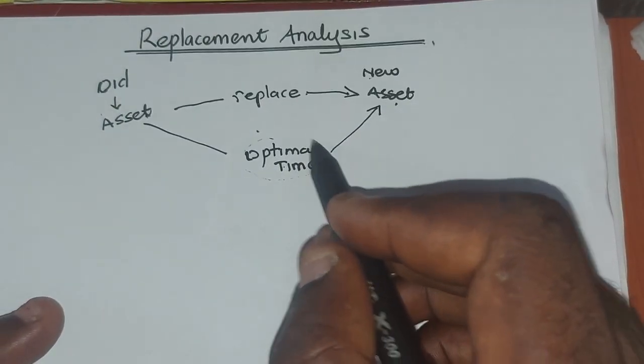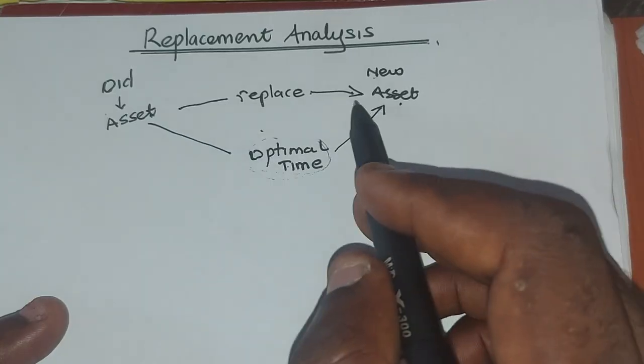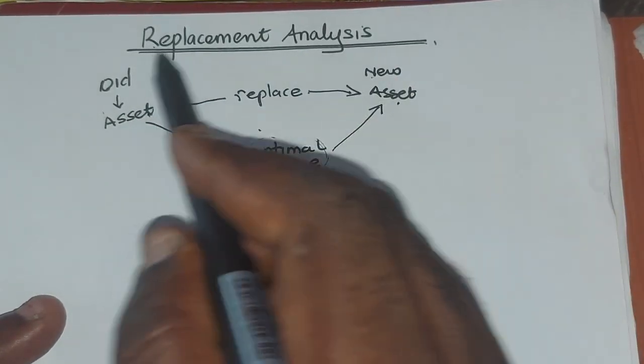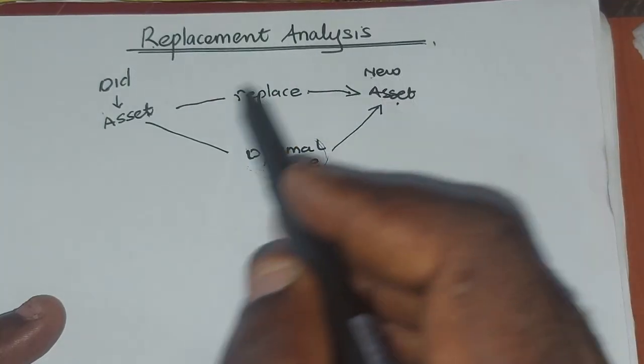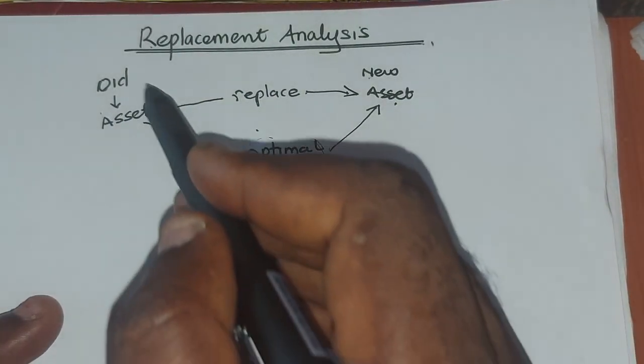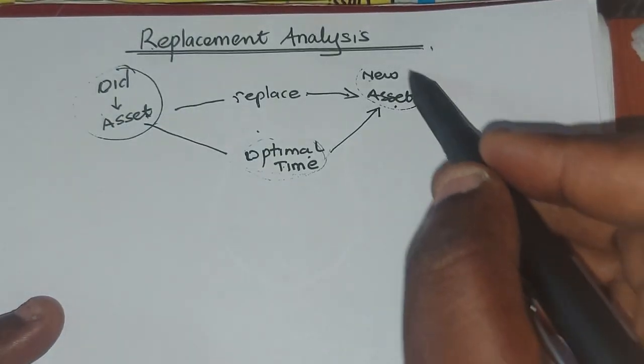So what would be the optimum time to do that? Replacement analysis is a quantitative technique that determines the best time, the optimum time, to replace an old asset with a new one.